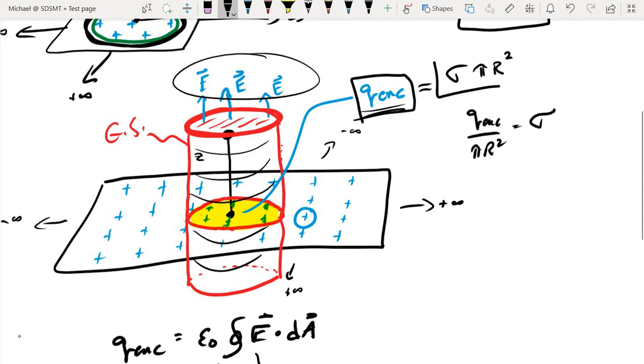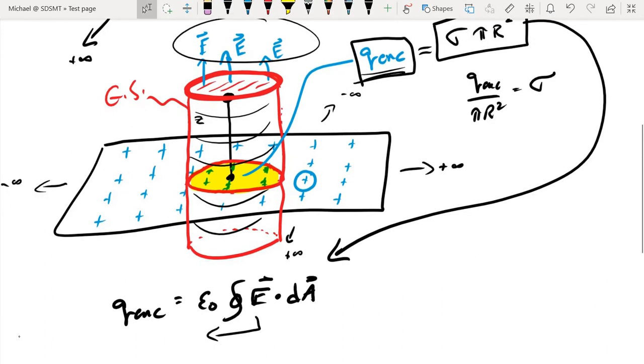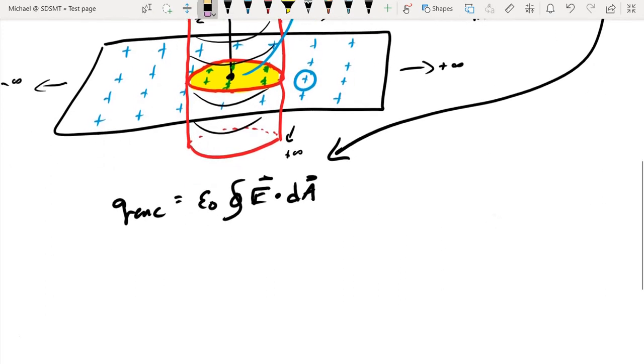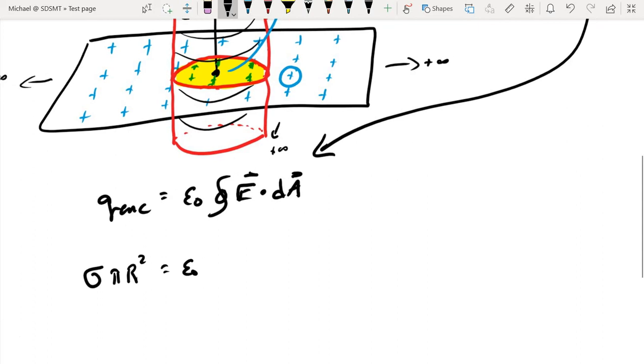And that information can now be brought down and used in Gauss's law. So we now have an enclosed charge of sigma pi r squared equals epsilon.